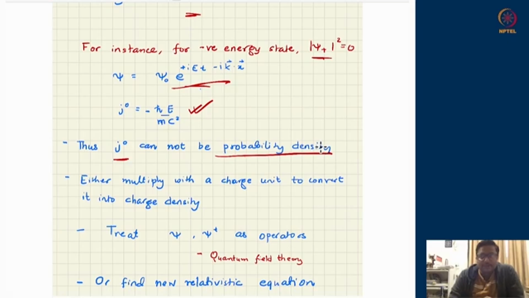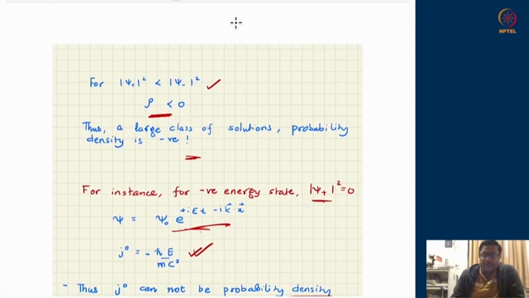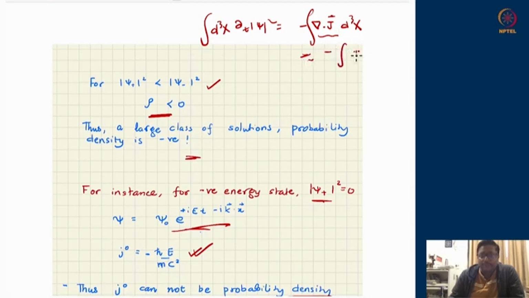Psi mod square, which was being declared as probability density, is not a protected quantity. Remember, in the Schrodinger equation, we had this structure that del t |psi| square was equal to minus the divergence of J. And then if I integrate it over all space, this is the Gauss divergence theorem: the divergence of a vector over all volume is equal to the vector dotted with the area element at the boundary of the volume.